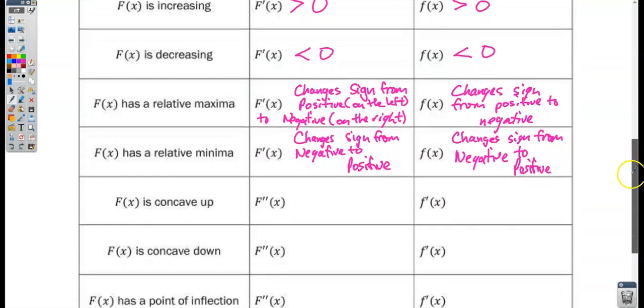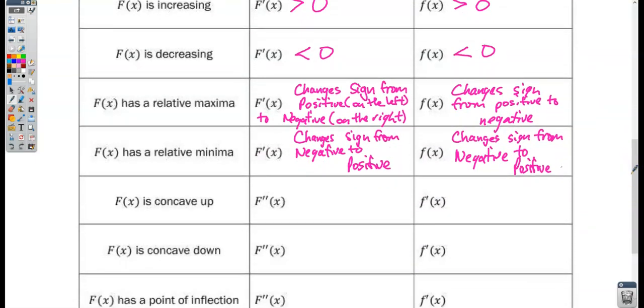All right, up next, capital F of x is concave up. That means that F double prime of x is positive, which means that lowercase f prime of x is positive, since the second derivative of capital F is the first derivative of lowercase f.